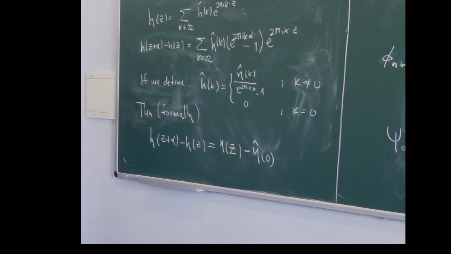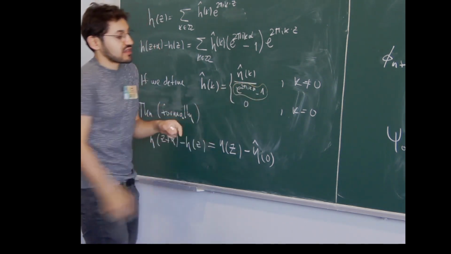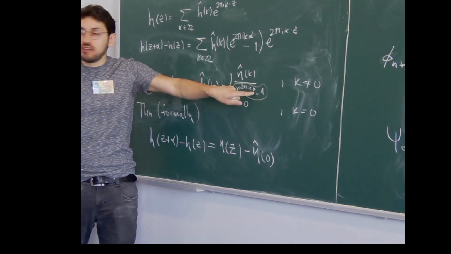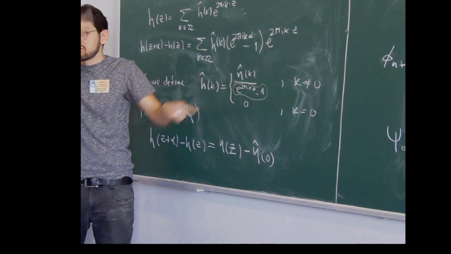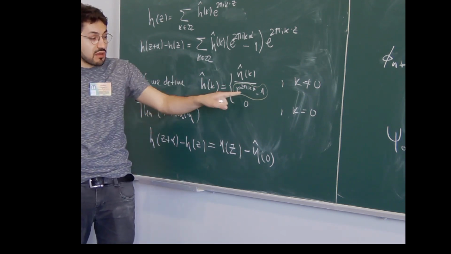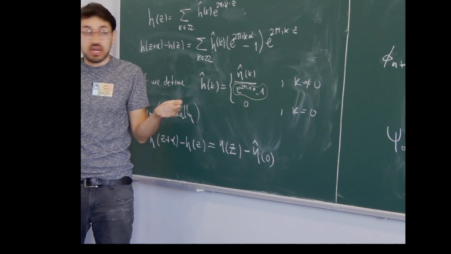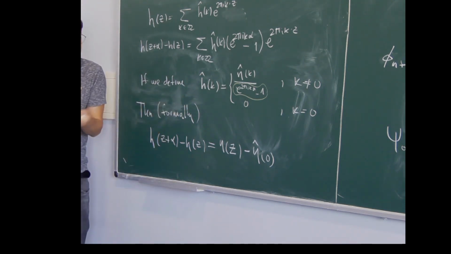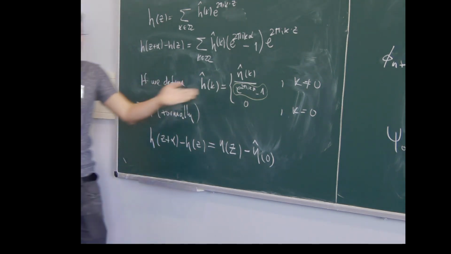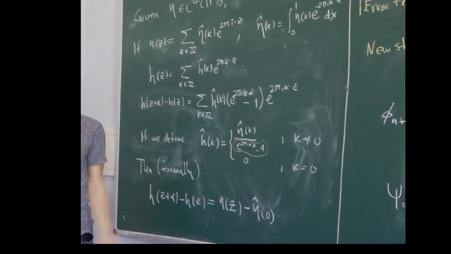But then what is the problem? What we call small divisors are these terms over here. You see here I have 2 pi i k alpha, and I'm letting k wander around. k is an integer. So it may happen that from time to time I'm very close to 1, and this can get to be very big. For the moment, if you give me just any irrational number, I know that these are not 0, it's irrational, good enough, but I have no control.